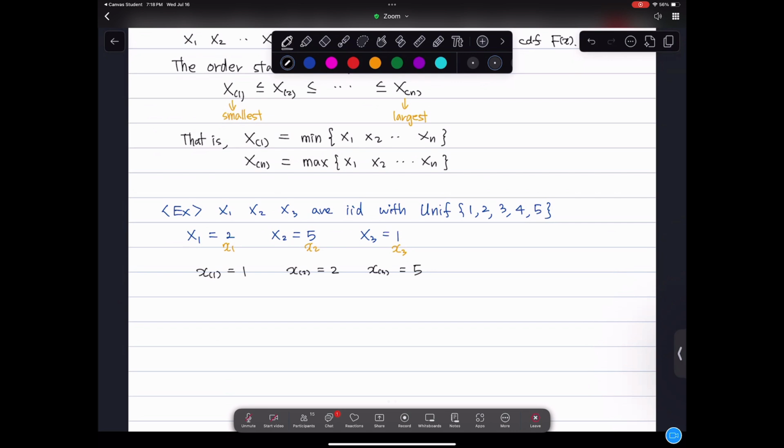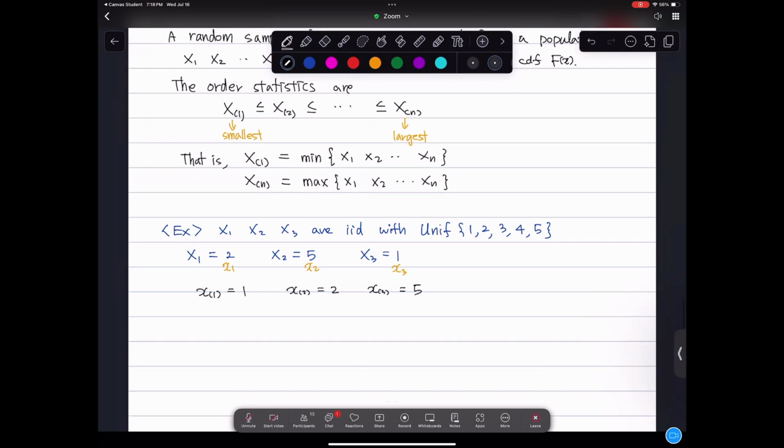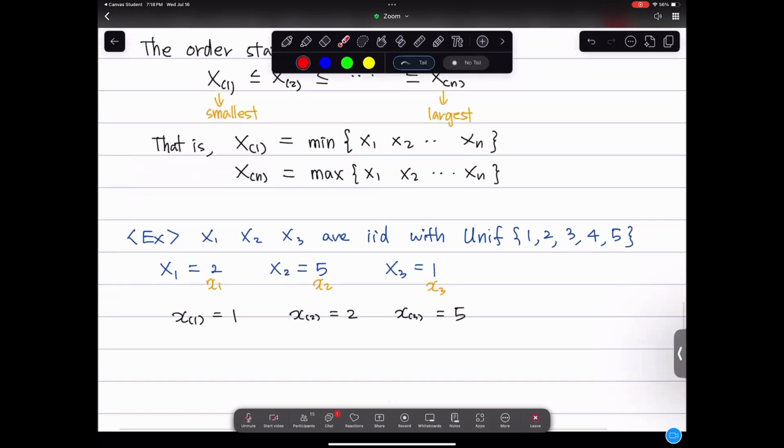I have a quick question. So for the equals 5, does that say x3 equal to 5, or does that say x? It's not x3 equals 5. So according to this fake data, for example, x1 is 2, x2 is 5, x3 is 1. But order statistic means which one of the 3 is the smallest.